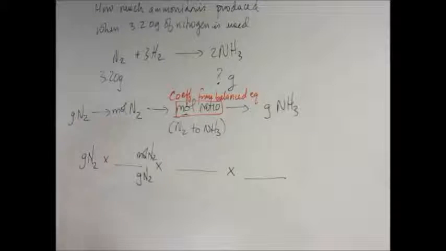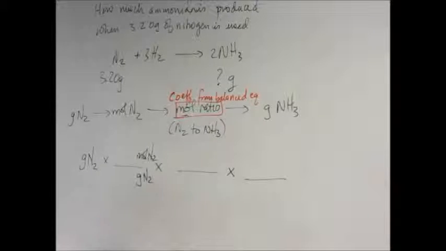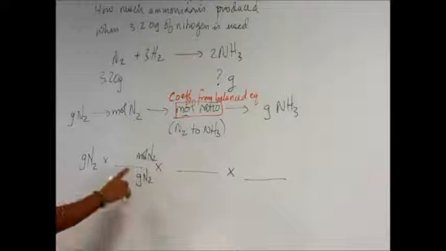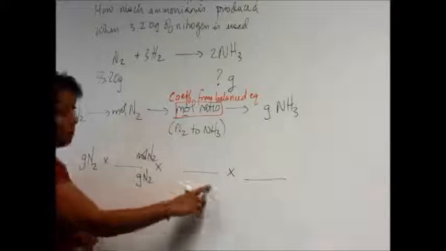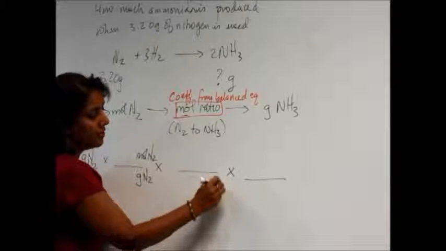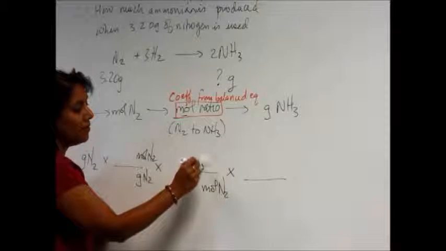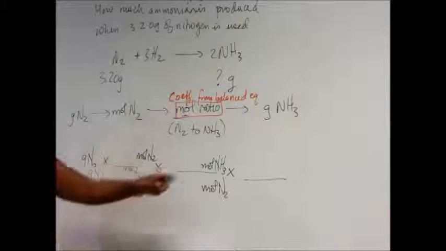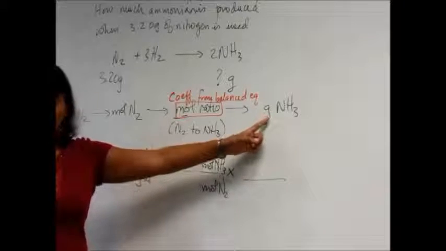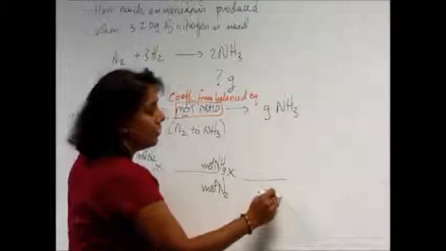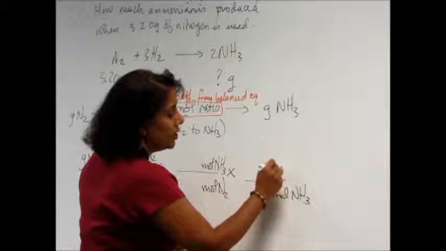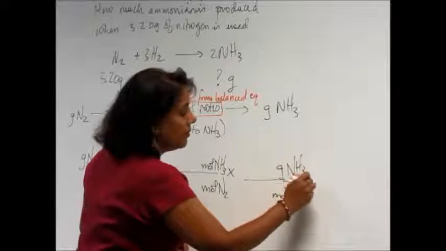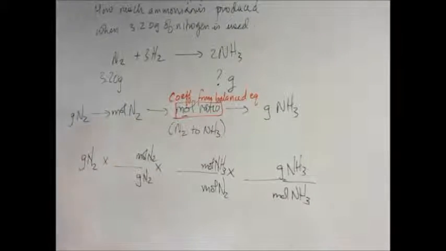But I look for it when I'm grading your work, because even if it is 1-to-1, I will always write it out. So my moles of nitrogen is up there, so my moles of nitrogen goes down here. What goes up here? Moles of NH3, ammonia. And then the last thing I have to do is calculate the grams of ammonia. So then I have moles of ammonia being converted to grams of ammonia. Any issue with the strategy?